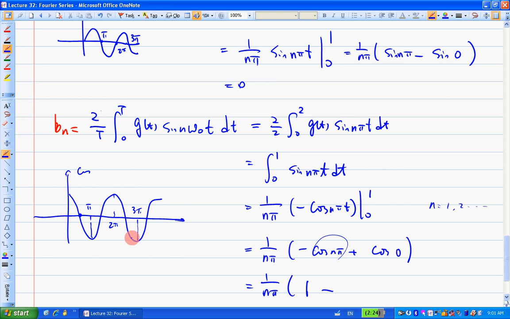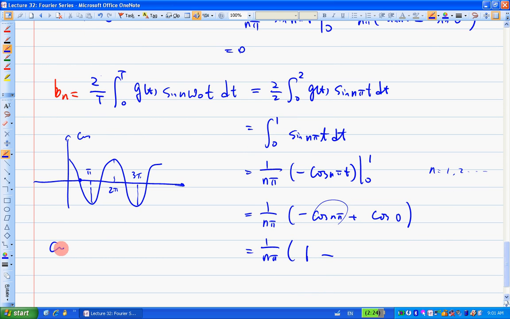So cosine n pi oscillates -1, 1, -1, 1, like this. That's -1 to the power of n. When n equals 1, it's -1; when n equals 2, 2 pi, that's 1. That matches here. So that's the cosine n pi.